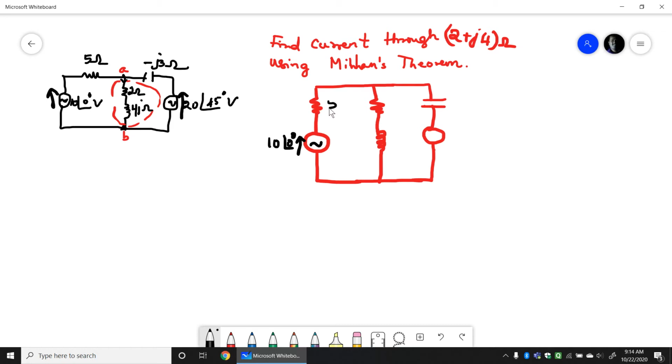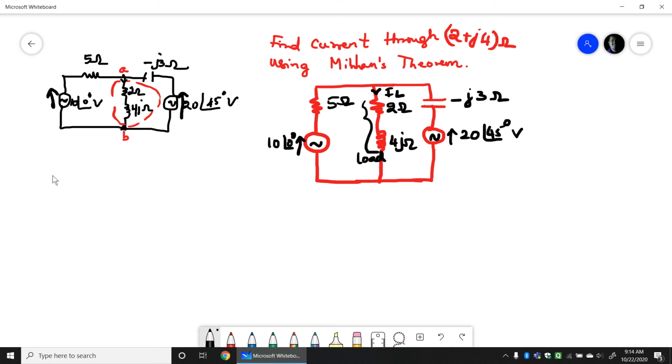This would be 5 ohms, 2 plus 4j ohms. This is 20 at an angle 45 degree and minus j3 ohms. Now we need to find the current through this, which can be IL, because now 2 plus 4j will behave as the load.